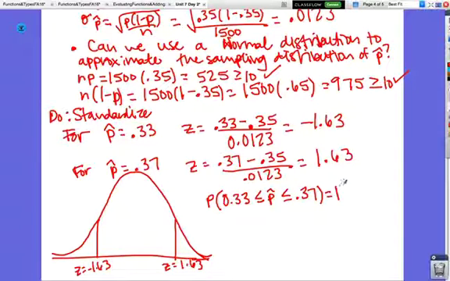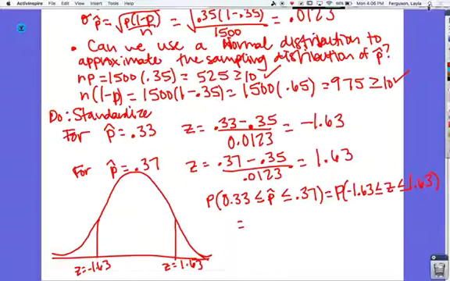And so we're going to be finding the probability that z is greater than or equal to negative 1.63, but less than or equal to 1.63. So we could go on the standard normal table.